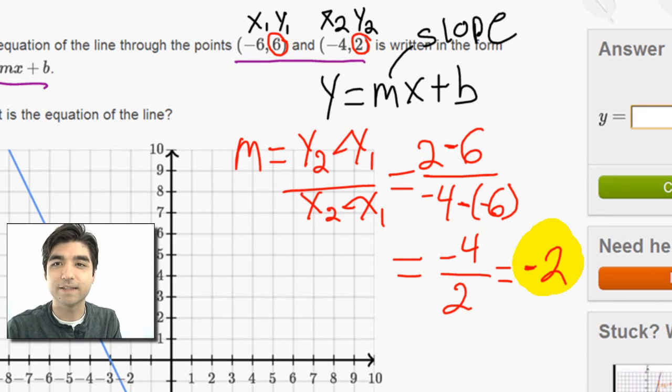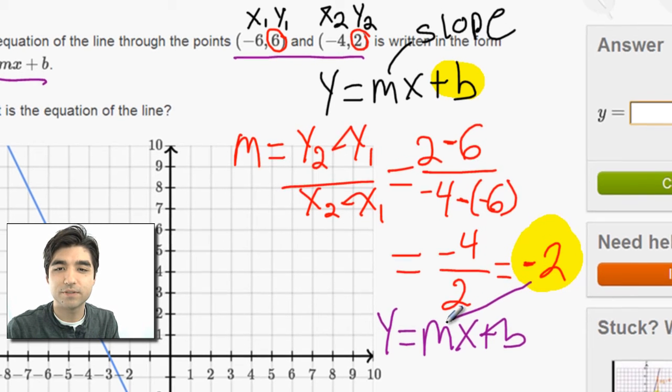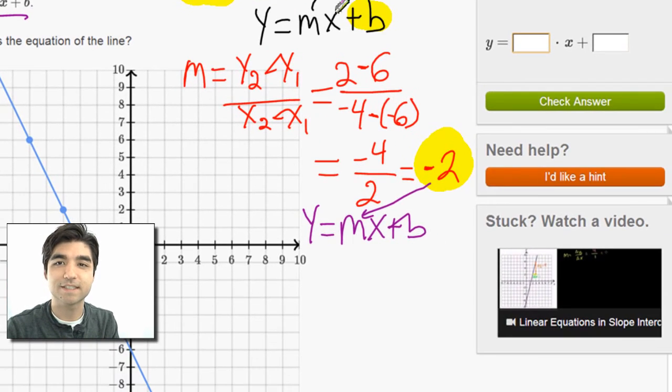Now we need to find the b value here. So in order to do that, we write our equation again, y equals mx plus b. And we put our -2 in here, and also one of the points. So I'm just going to pick the first point, -6 and 6. So the y value equals 6, and our m is -2, which we found.